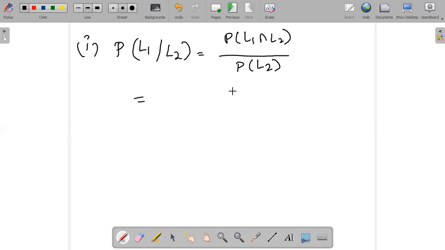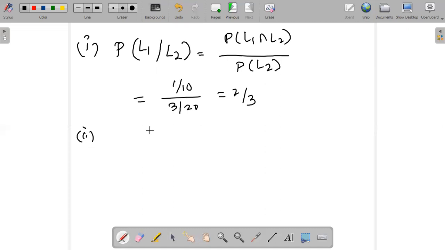So can you tell me what do you get? 3 by 20. After simplifying, you get 2 by 3.